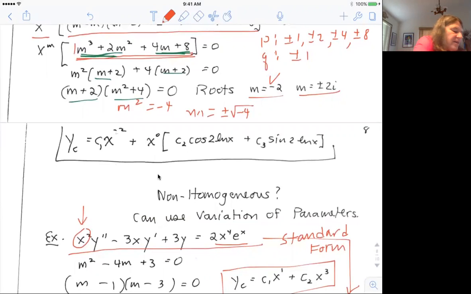The 2i, remember that's a complex root and it's 0 plus 2i, so that's alpha, and 2 is your beta. So when I write the solution, remember it was x to the alpha, so in this one it's going to be x to the 0, and then we've already used up a c1, so c2 cosine, and then the imaginary part, 2 log x. So that's your alpha part, and that's your beta part of your imaginary root. Okay, so that's what the solution to that thing looks like.